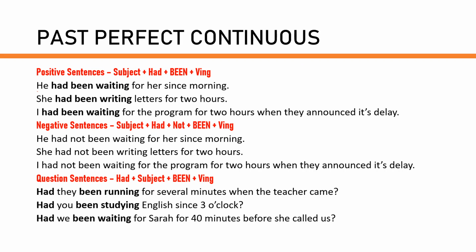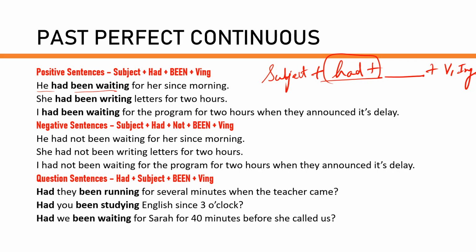Now, he had been waiting for me, he had been waiting. ओके, पहले इसका स्ट्रक्चर बता देते हैं. Subject plus had plus यहाँ पे कुछ लगता है plus V1 plus ING. अब देखो हैड लग गया तो पास्ट परफेक्ट तो बन गया, हमें पता चल रहा है, राइट?